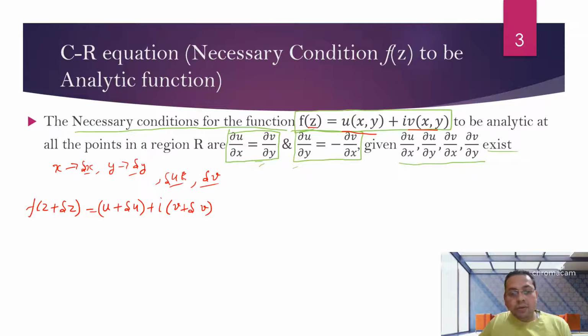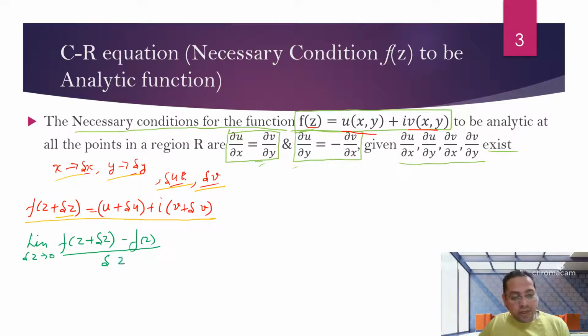So to prove this, first we consider the increment in x and y. Corresponding to the increments in x and y, we have increments in u and v. Corresponding to the increments in u and v, we have an increment in the function f(z). For the derivative of the function f(z), we require the limit as delta z tends to 0 of f(z plus delta z) minus f(z), over delta z.